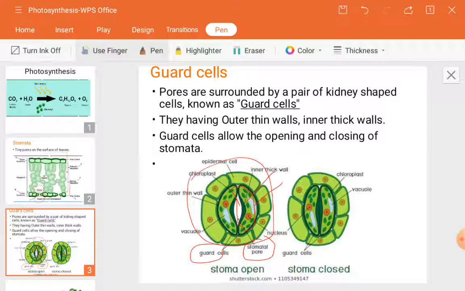When they need gases from outside, they open; if not necessary, they are closed. This is known as the stomatal opening and closing process. It depends on the guard cells when they are open or closed, whenever exchange of materials is necessary.